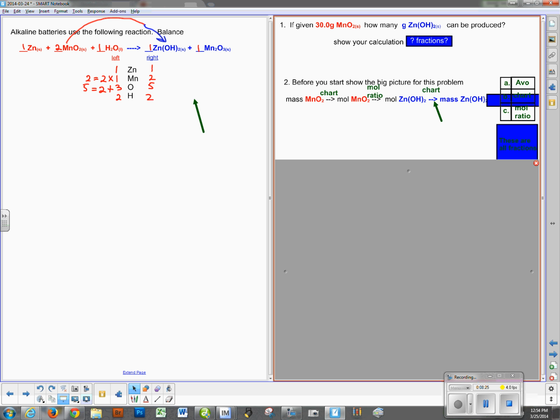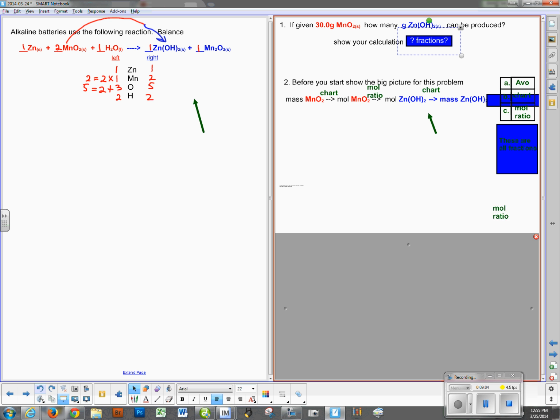And the chart will give us that conversion, how many grams of this there are in 1 mole. So this is our first fraction, second fraction, third fraction, fourth fraction, which is what I was trying to get you to figure out up here. So now you've pretty much got it, and now we go to actually doing the problem itself.